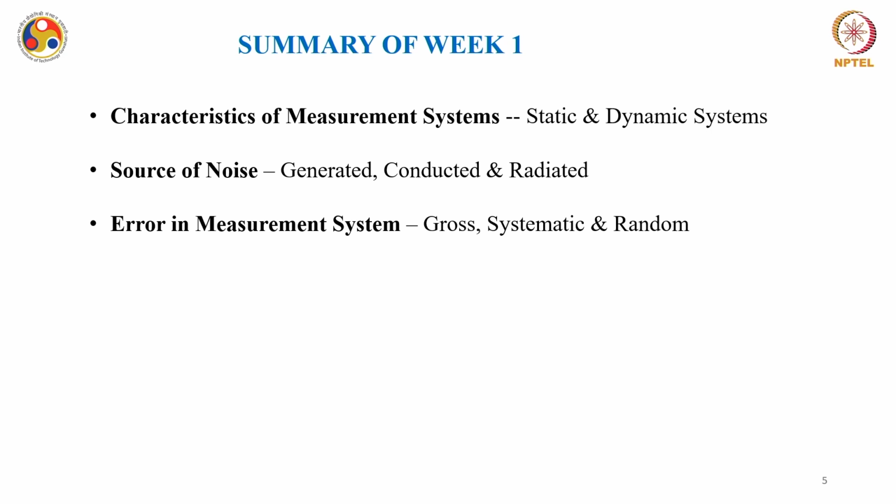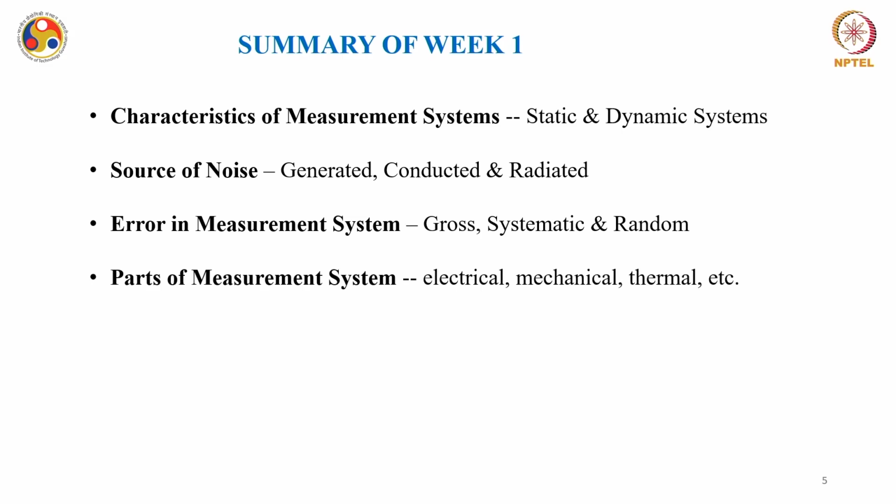Along with noise, we also discussed errors in the measurement system. Some errors are due to the person who is taking the data, and some are due to the instruments' limitations. We saw gross, systematic and random errors in detail.